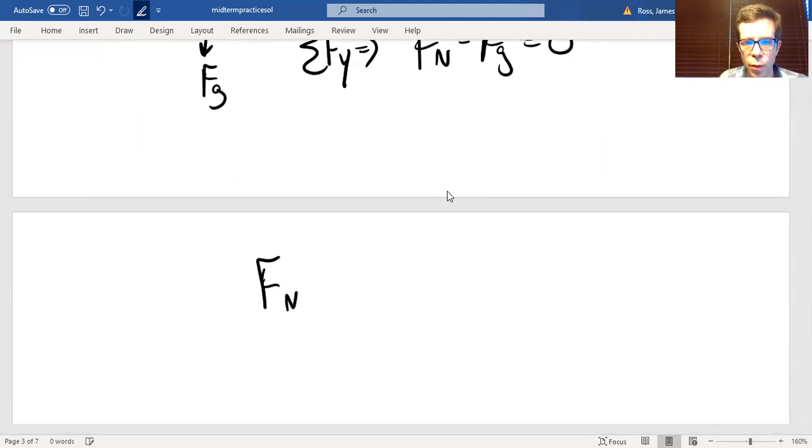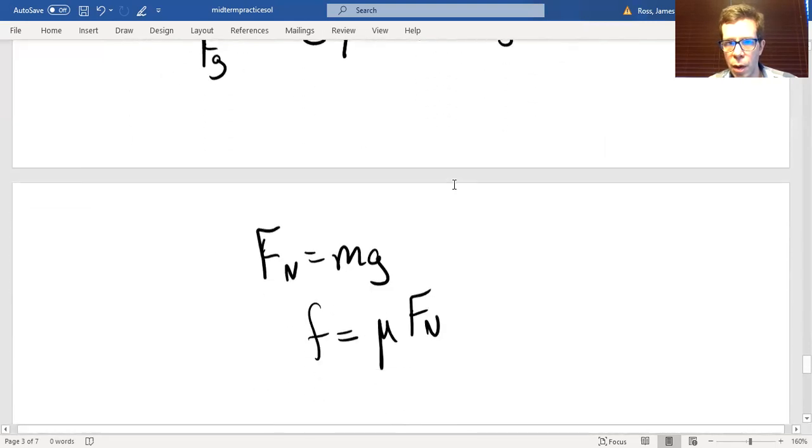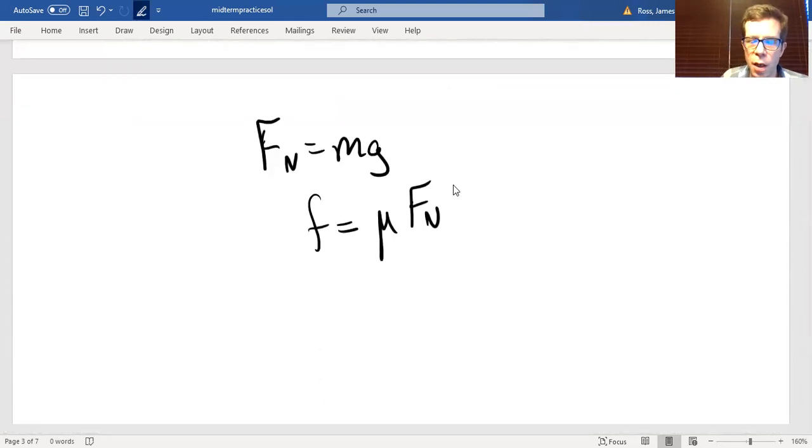So the normal force is equal to mg, and the frictional force we know is equal to mu times the normal force. All right, and we said from our free body diagram that the frictional force is equal to ma. So let me not skip steps, right?